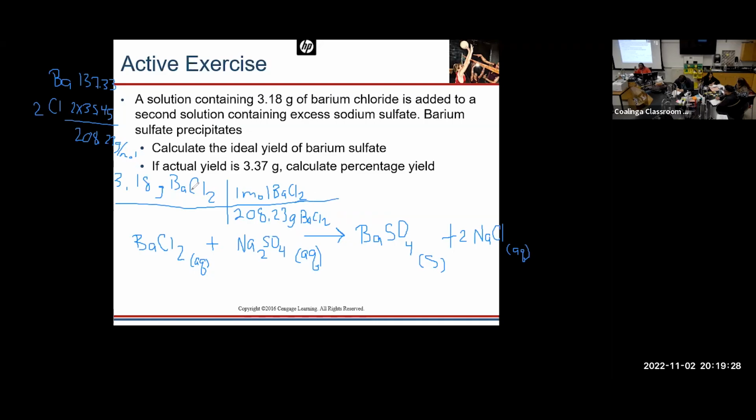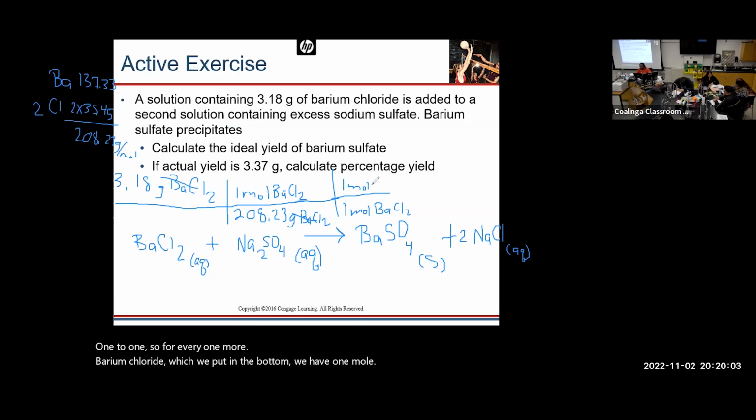That allows us to get to moles. Now, use that ratio. What is the ratio? One to one. So for every 1 mole of barium chloride, we have 1 mole of barium sulfate.